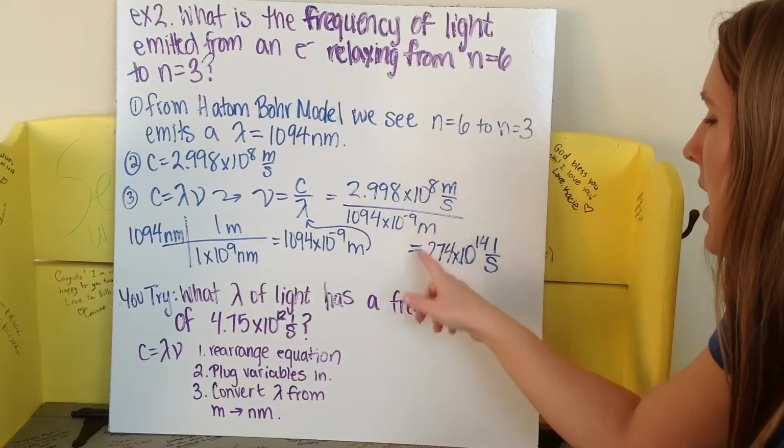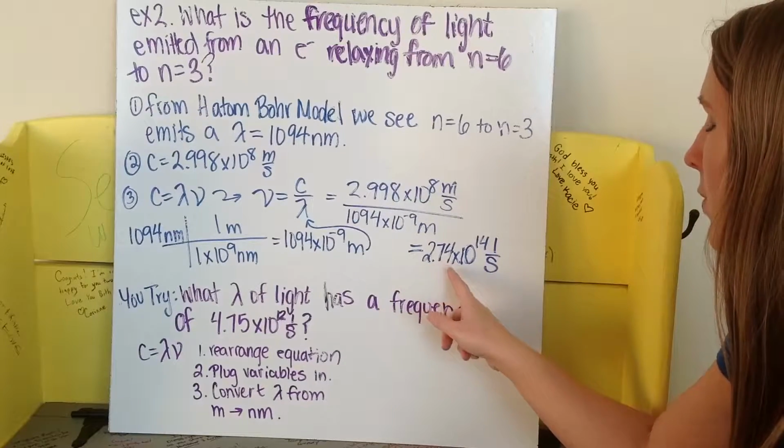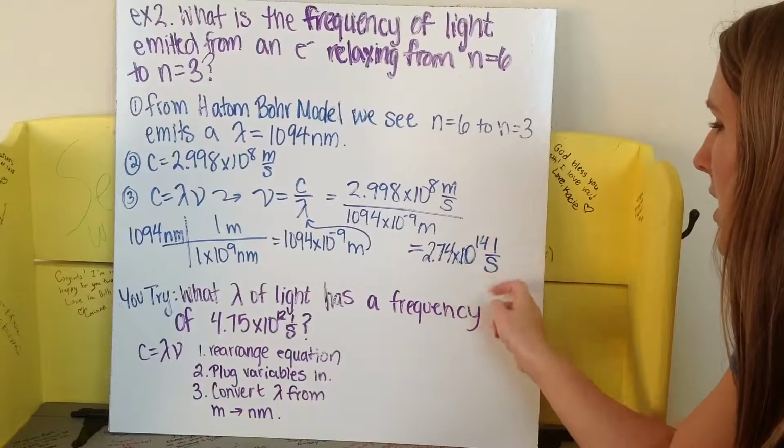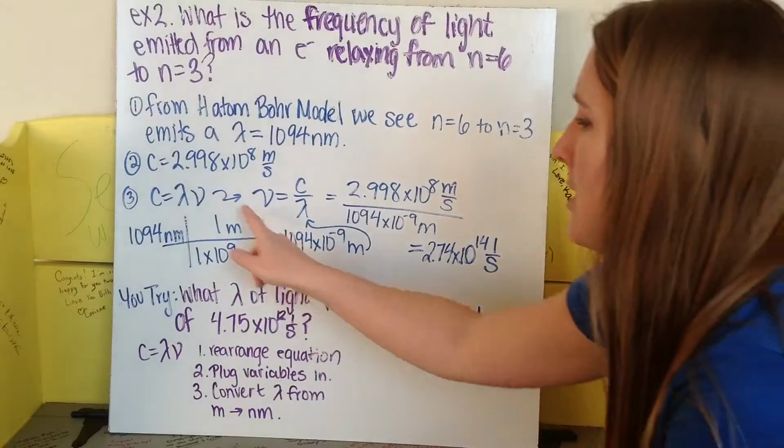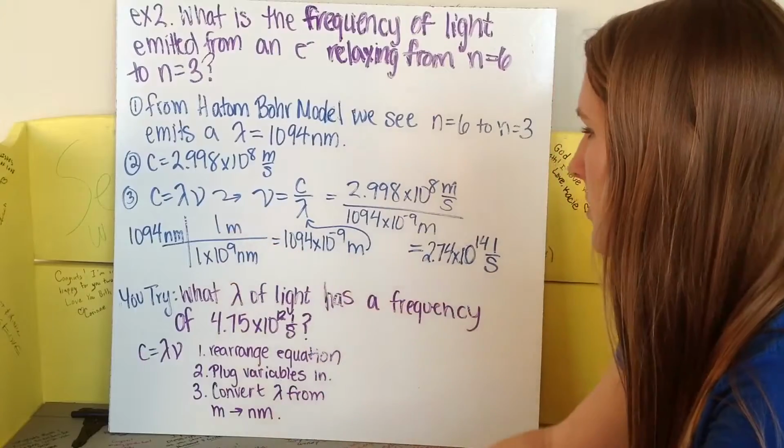When I do that, I get a frequency of light of 2.74 times 10 to the 14th inverse seconds. And this is how I solved for turning nanometers to meters.